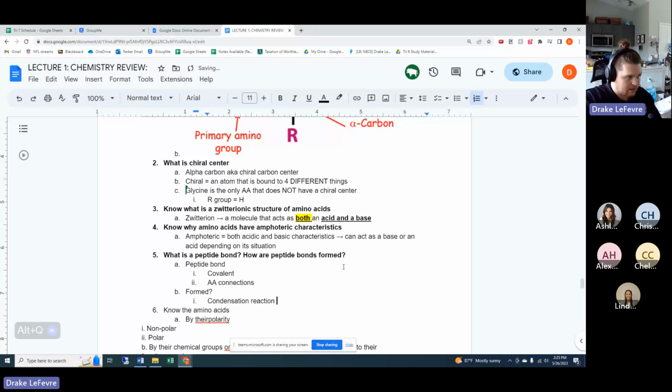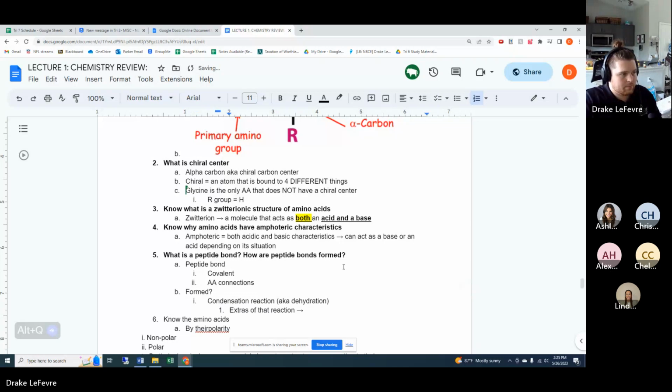What's another name for a condensation reaction? Dehydration reaction. What else gets formed besides the bond during the condensation reaction? Water, H2O.